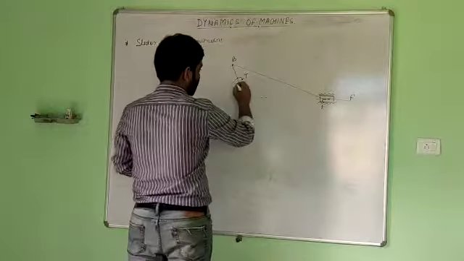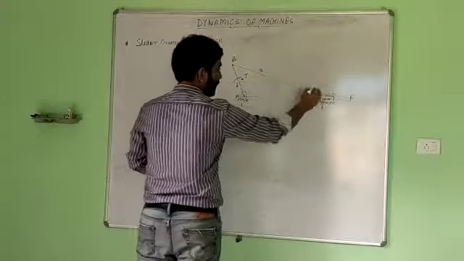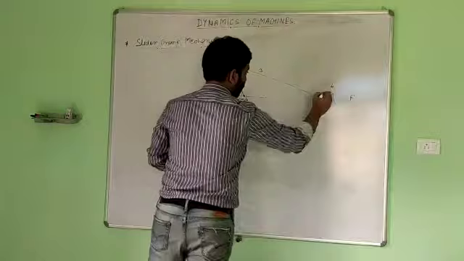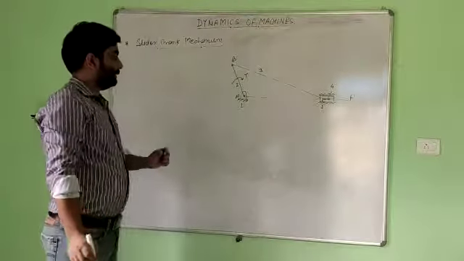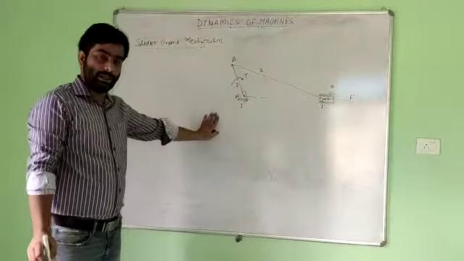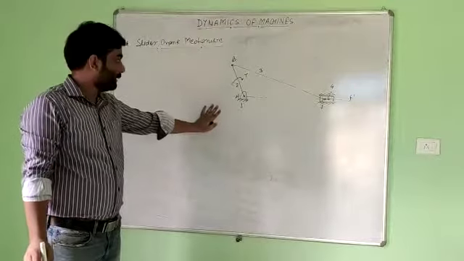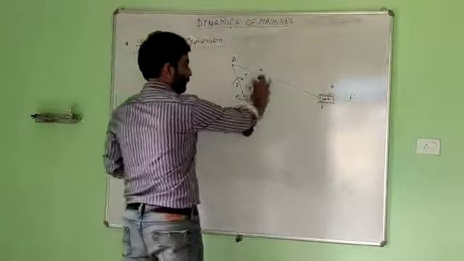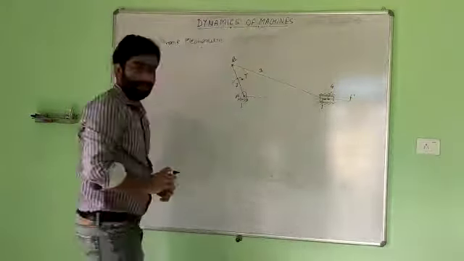These are also links 1, 2, 3, and this one is 4. So we have this kind of situation. The configuration diagram will be given in the question, so you first have to draw the configuration diagram.